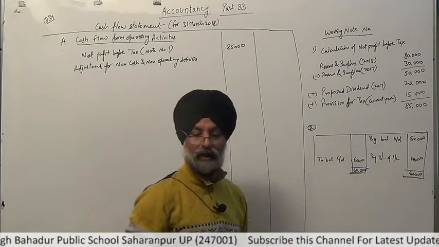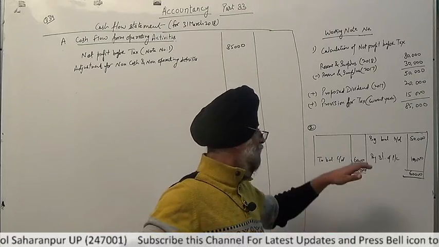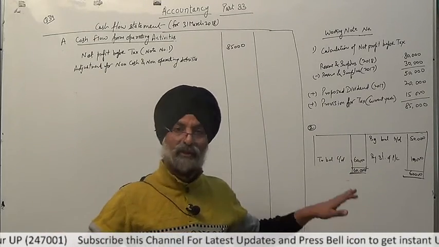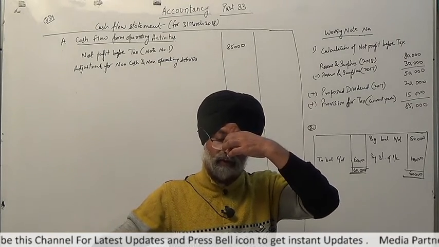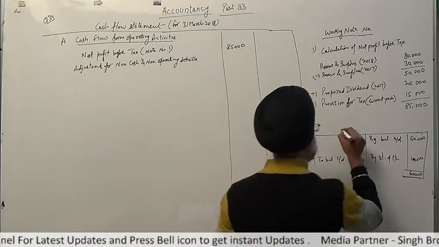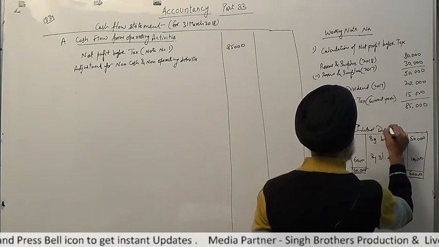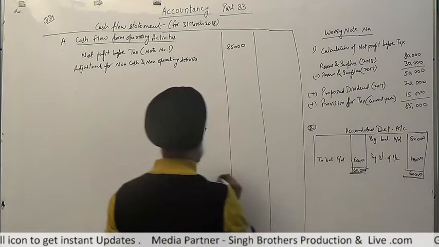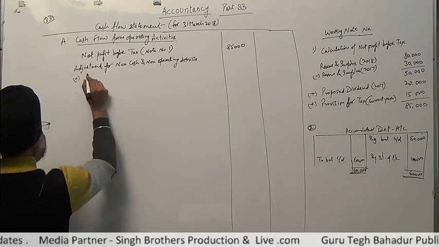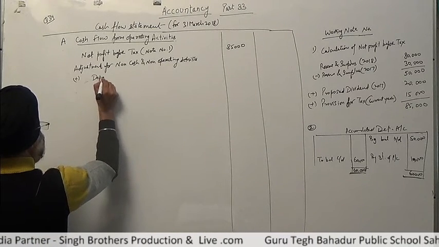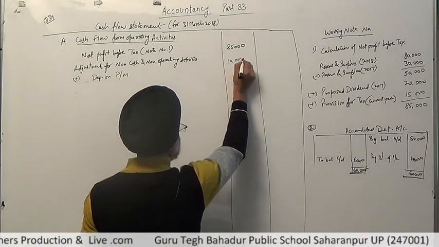If depreciation and plant and machinery are separately given in the question, then there is a need to make these accounts separately. Plant and machinery is a different account, and depreciation also needs a different account. So take 10,000 rupees and add this depreciation on plant and machinery, 10,000 rupees.